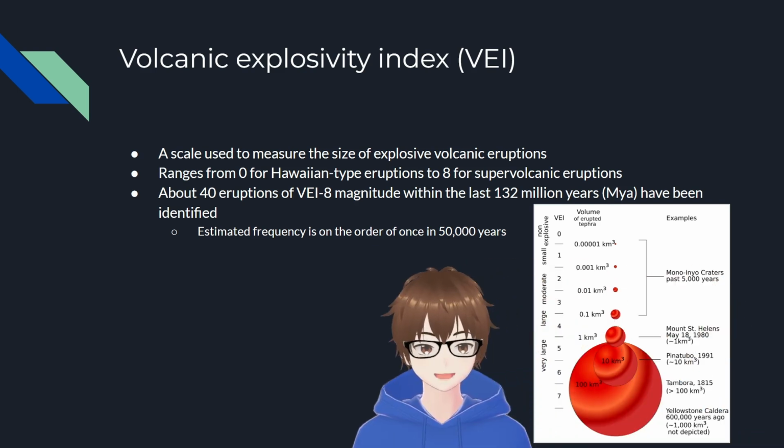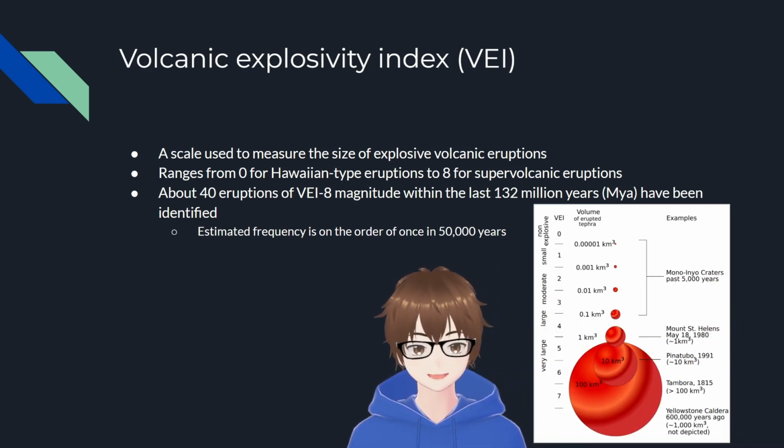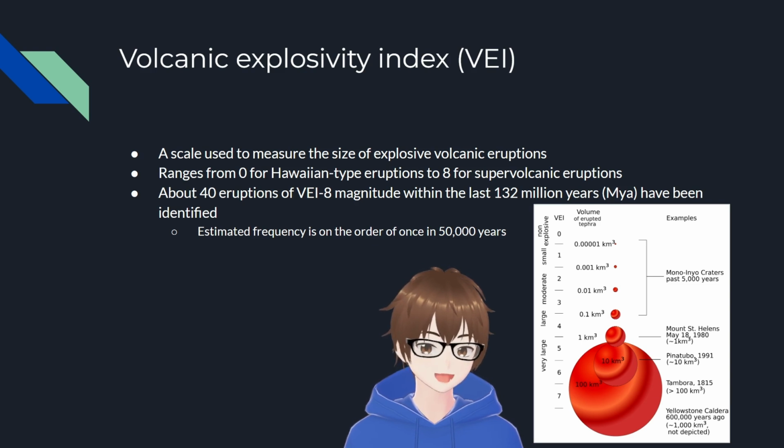So, here we have the Volcanic Explosivity Index, or the VEI. It is a scale used to measure the size of volcanic eruptions, and it ranges from 0, which are the Hawaiian types that basically don't explode at all, to 8 for supervolcanic eruptions.